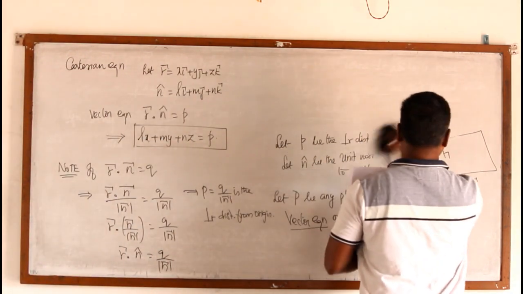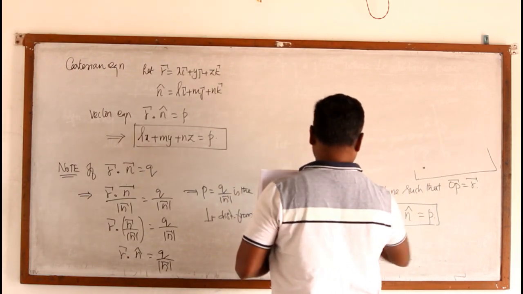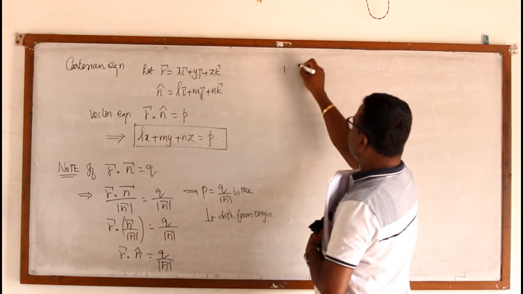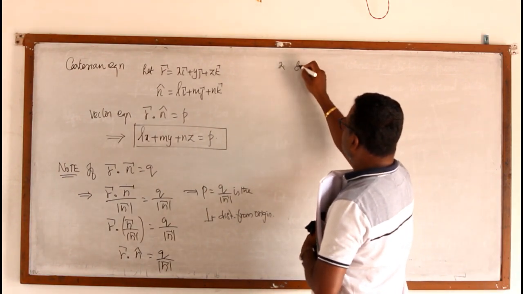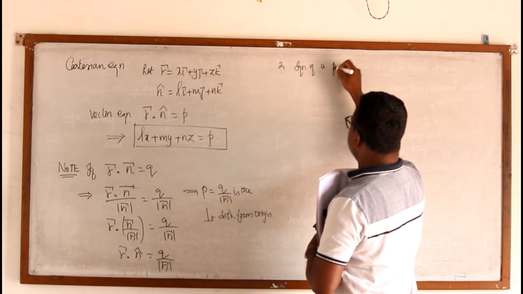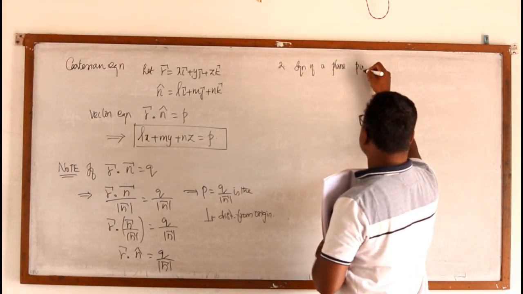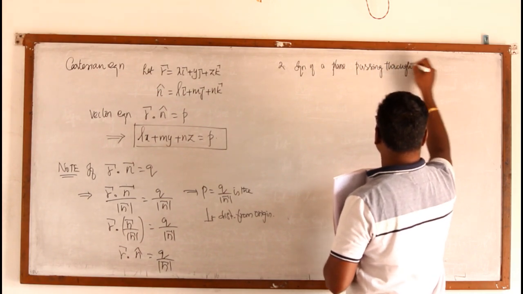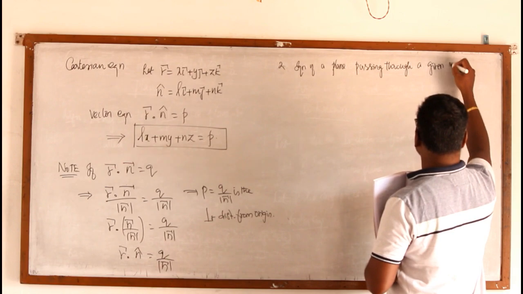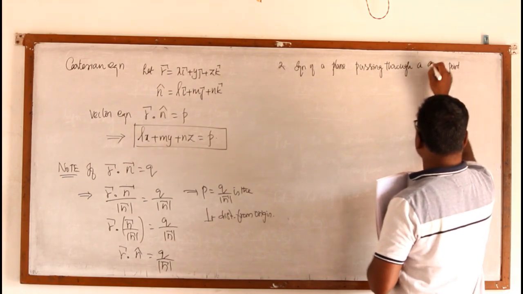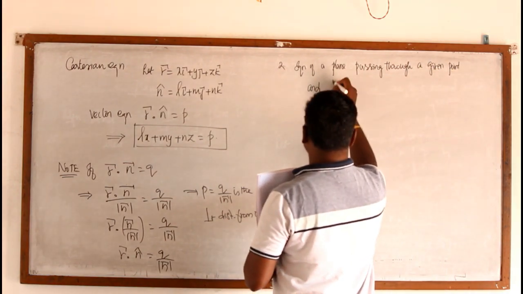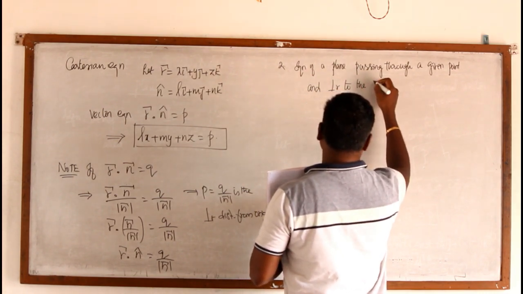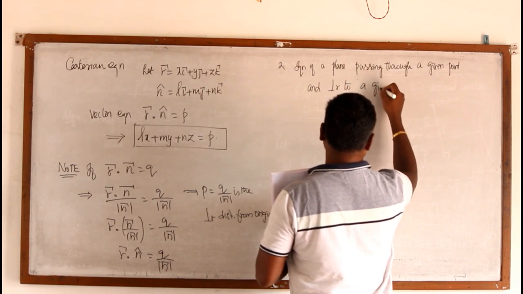Now the second one. I am going to take a point on the plane and a perpendicular vector. Equation of a plane passing through a given point and perpendicular to a given vector.